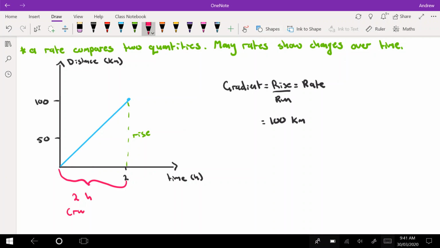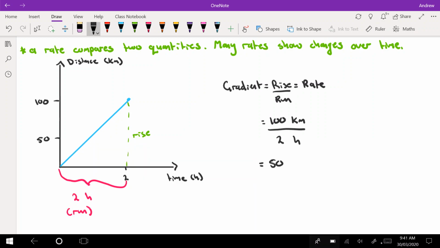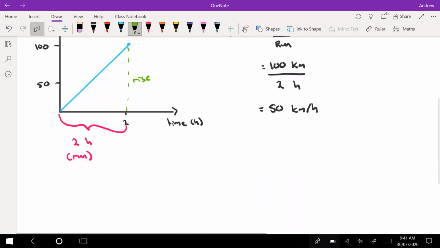So 100 kilometers over 2 hours, well, that's going to leave me with 50 kilometers per hour. That is my rate, but it is also my gradient of the line. The gradient is going to be 50 and the rate is per hour.